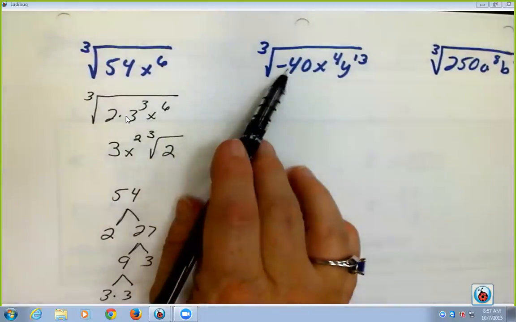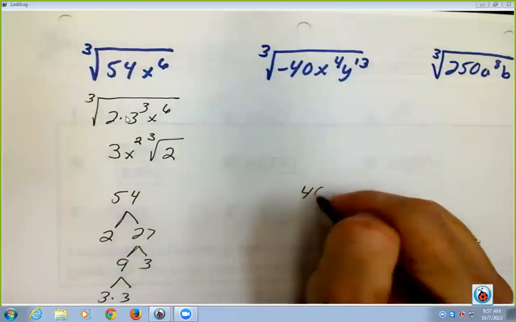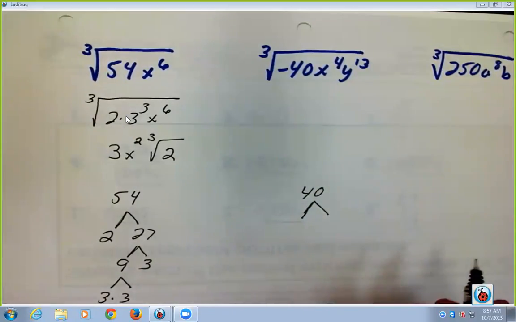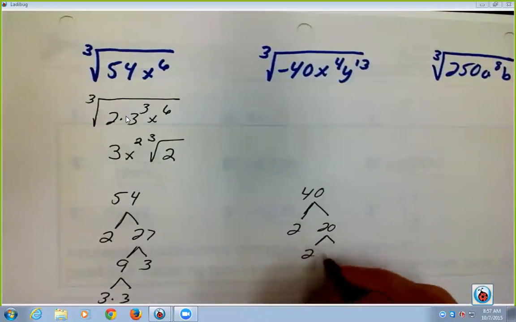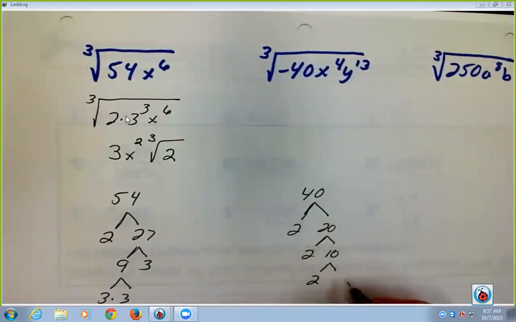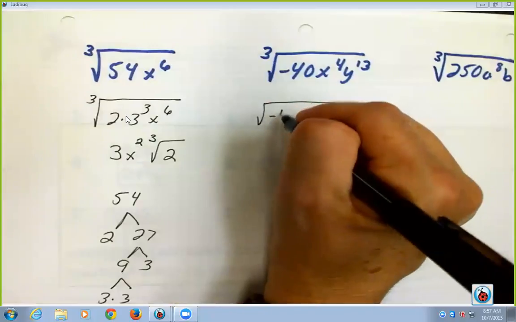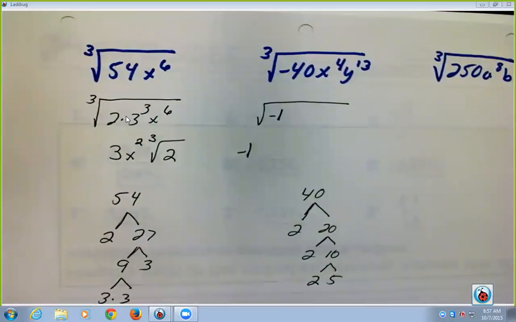Now we can have negatives, like we've got a negative 40. So if I take 40 and break it apart, I end up with 2 times 20. I end up with 2 times 10. I end up with 2 times 5. And if you've got a negative, just simply put a negative 1, which means I'm going to pull out a negative 1 whenever I do that.